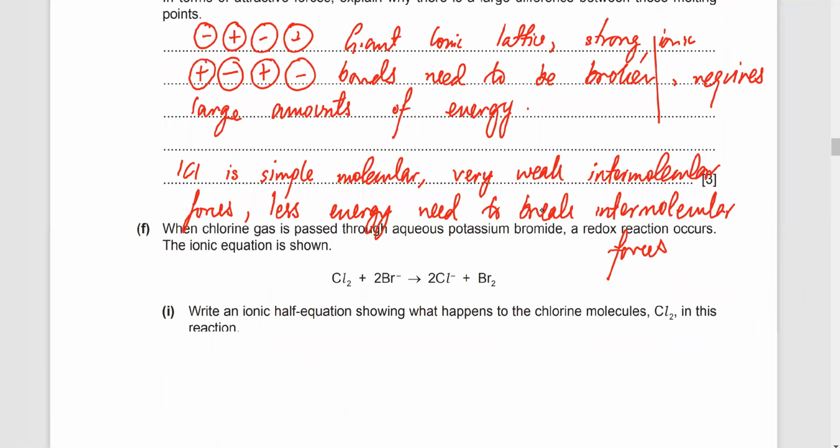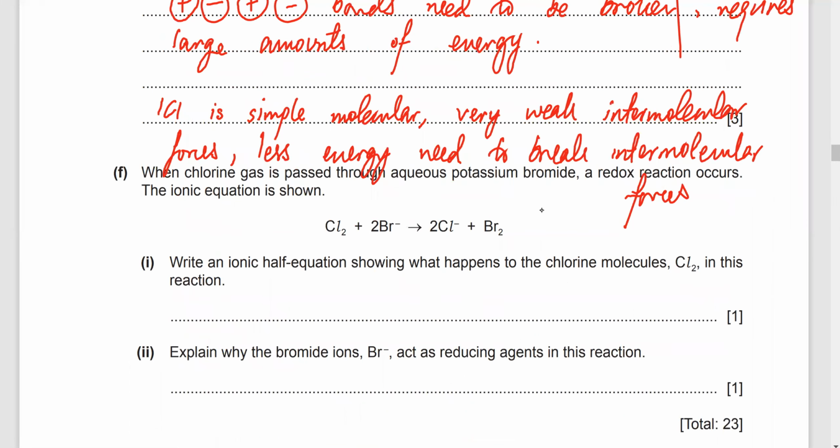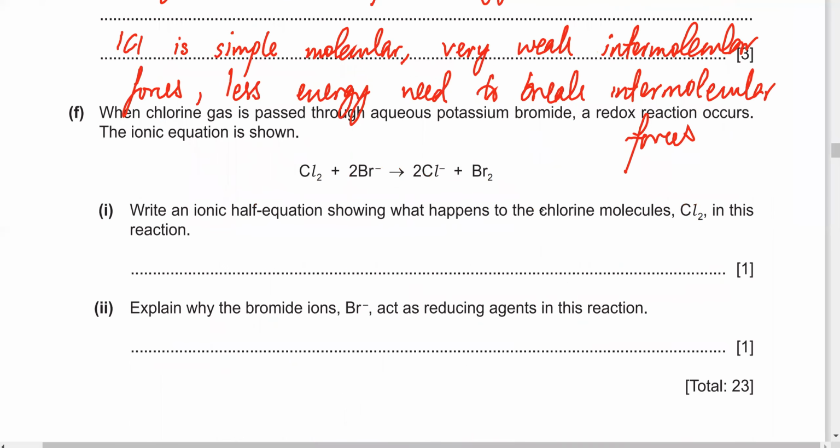Now the next part is when chlorine gas is passed through aqueous potassium bromide, a redox reaction. Write an ionic half equation showing what happens to the chlorine molecules in this reaction. So what's happening to chlorine molecules? They're changing from Cl2 to Cl minus 1. So they're gaining two electrons. What's the charge over here? 0, and this is minus 1, right?